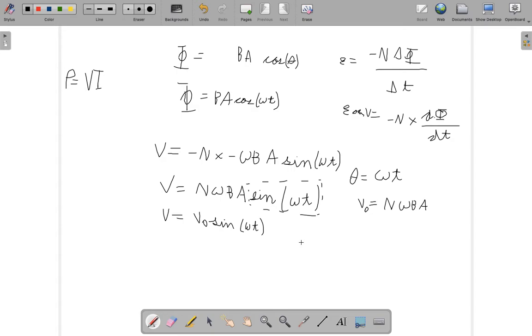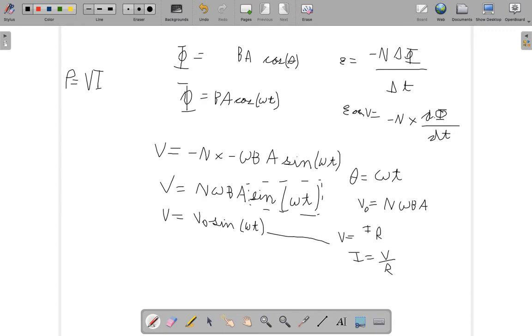Now we can make use of that to get a term for our current as well. We know voltage equals current times resistance, from chapter 5, and we can rewrite it as current equals voltage over resistance.